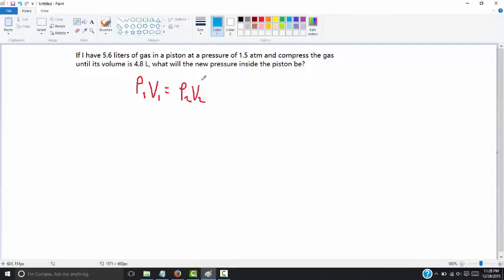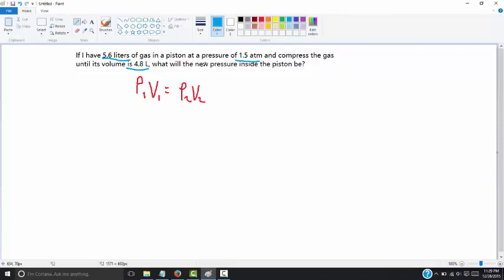Of these 4 values, P1, V1, P2, V2, you are given 3 of them in the sample problem. You're given initial volume, initial pressure, final volume, and then you're asked to find the new pressure, or P2.